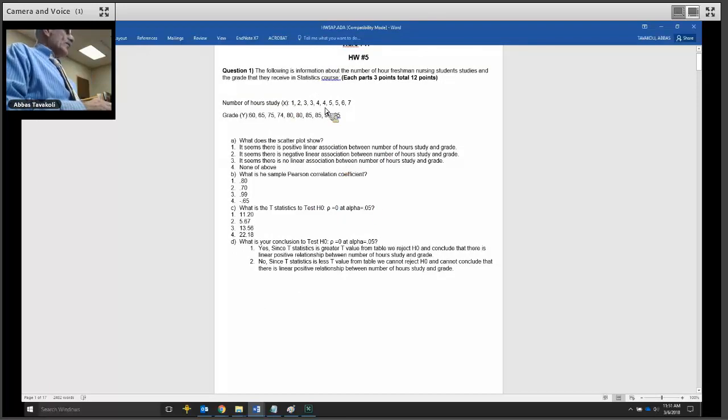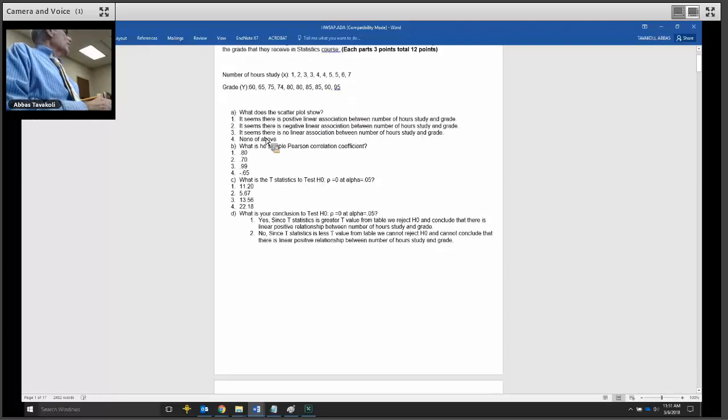So I'll go over the first question. Here we have a freshman student, the number of hours studied, and their grade. If someone studied 1 hour, they made 60, and 2 hours, 65, and so forth.